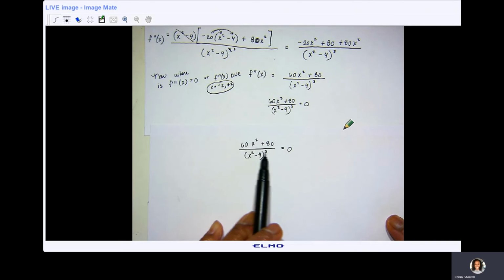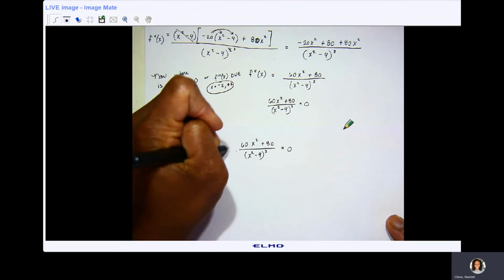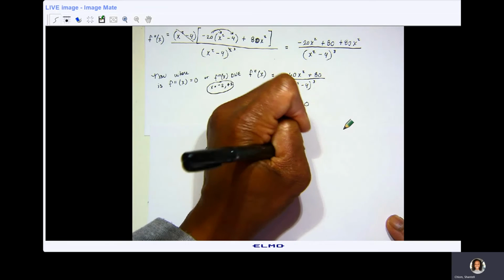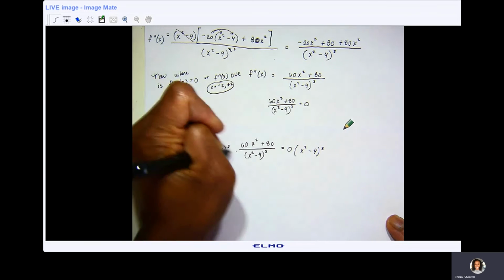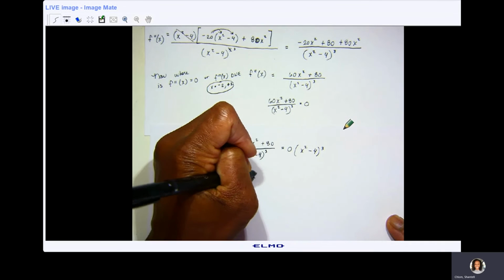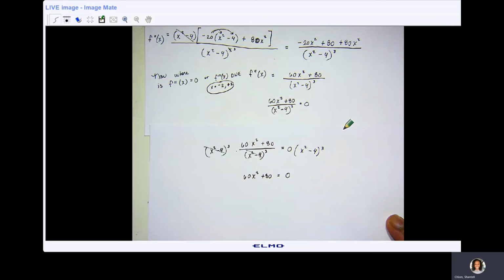So this denominator here, I'm going to multiply both sides by it. And it's going to just basically get rid of it for me, because it's canceling there. And I have 60x squared plus 80. And over here I still have 0.